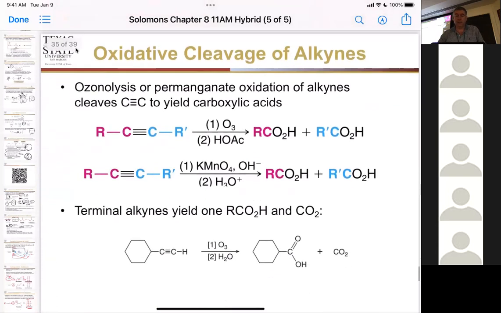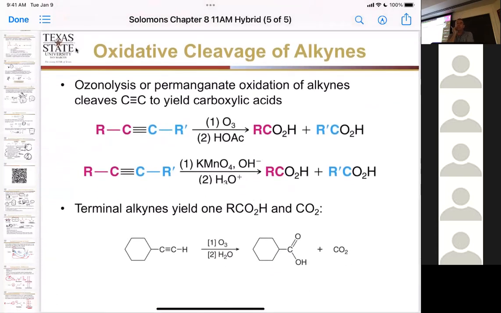Okay. So let's see what happens when we do our oxidation reaction. If we do our oxidation reaction with ozone here, it's going to break it apart and only give us carboxylic acids. Oh, wait, there's only 1 carbon hooked up here to each of these, so we can't get an aldehyde or a ketone because there's only 1 carbon on that acetylene.